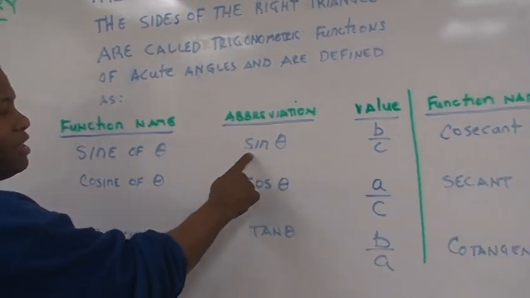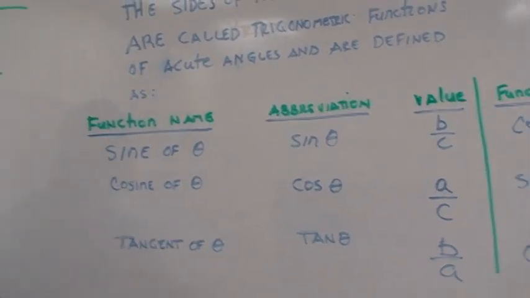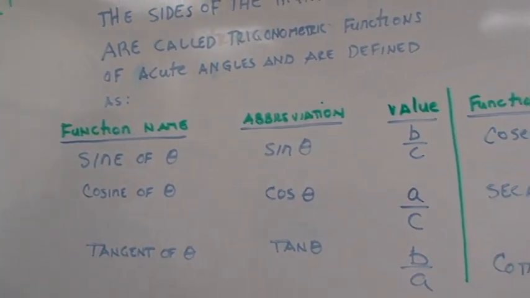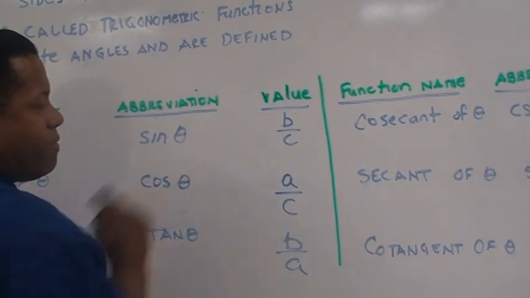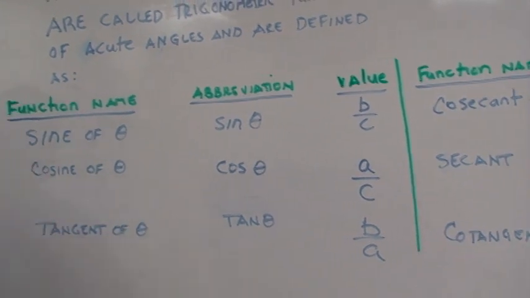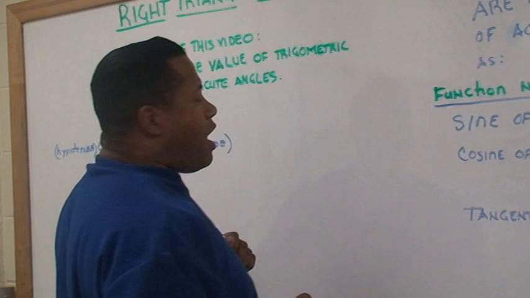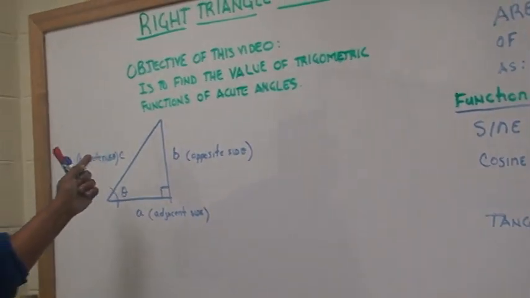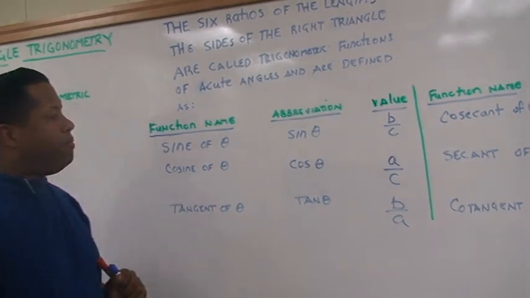The abbreviations are sin theta, cos theta, and tan theta. Now the values, and we'll get into this in a minute, are B over C, A over C, and B over A. Let me just say, B represents the opposite side, and C represents the hypotenuse. So that's how this ratio is set up.